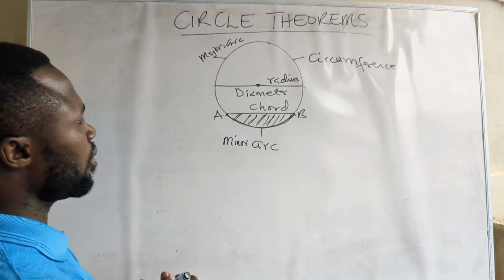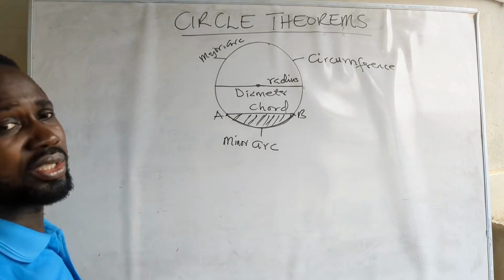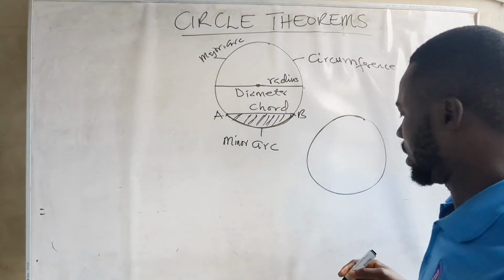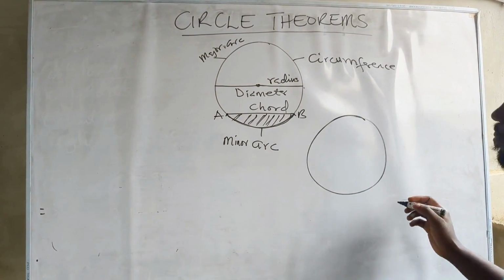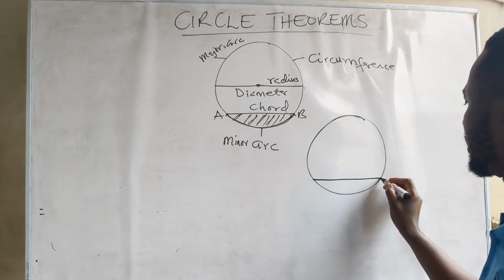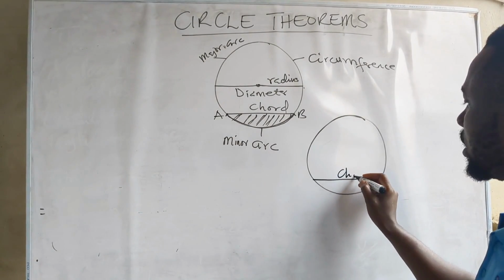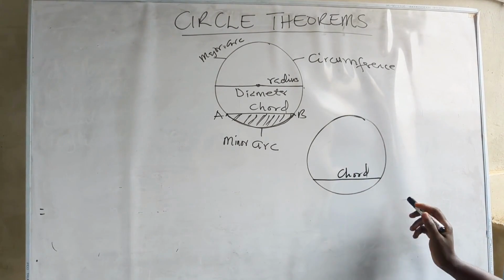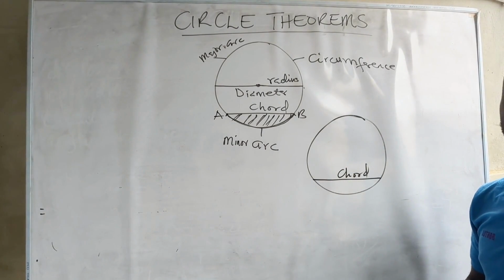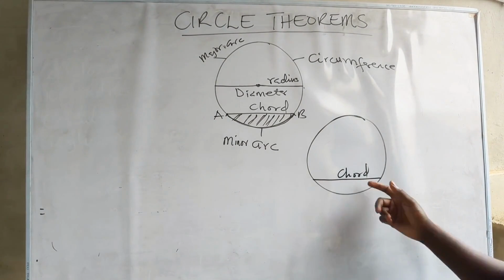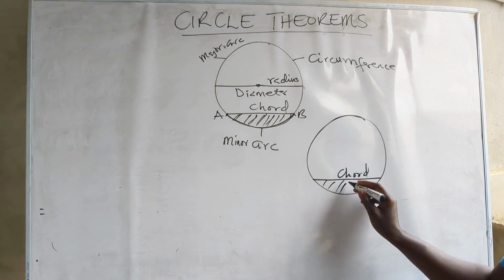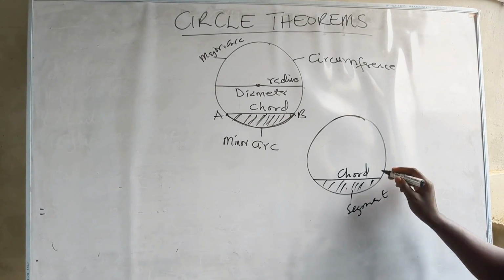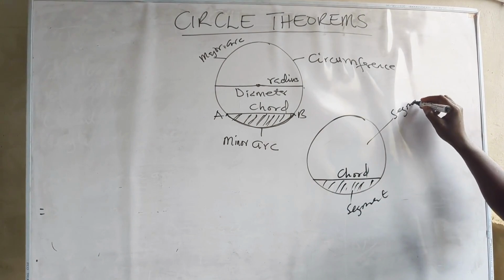One thing we should also know is the segment. We know this is a chord, and the chord divides the circle into two, but not two equal parts. If I have a chord here, the lower part of the chord is a segment, and the upper part is also a segment.